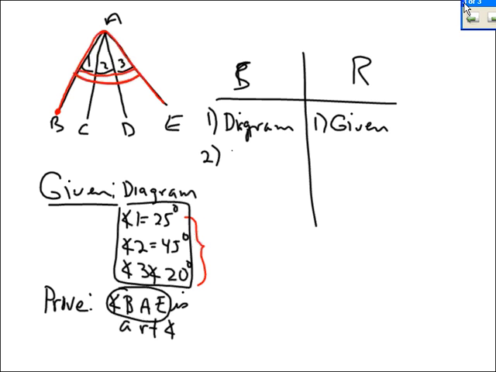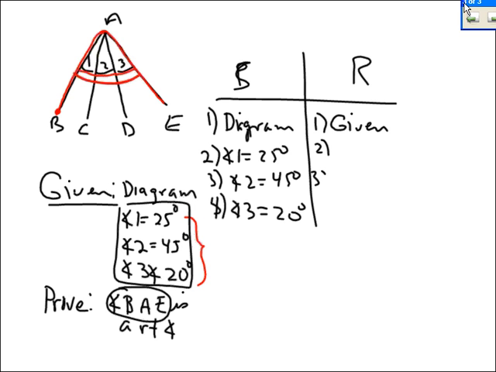Number 2, angle 1 is 25 degrees. Statement 3 is angle 2 is 45 degrees. And statement 4 is angle 3 is 20 degrees. And each of these last three are given. In fact, the first 4 were given.